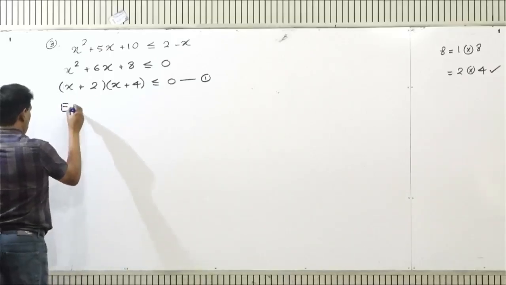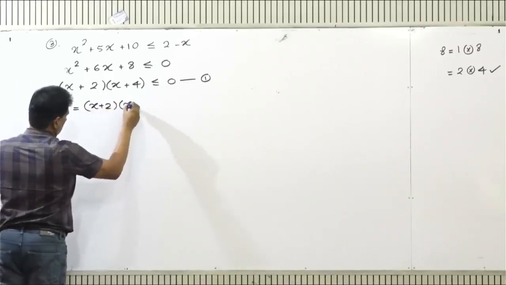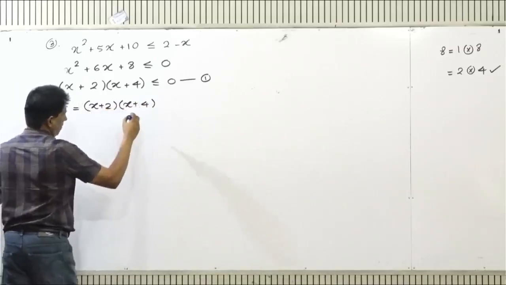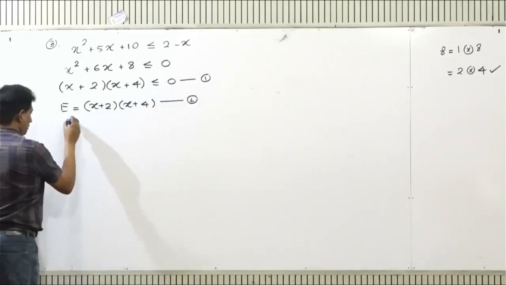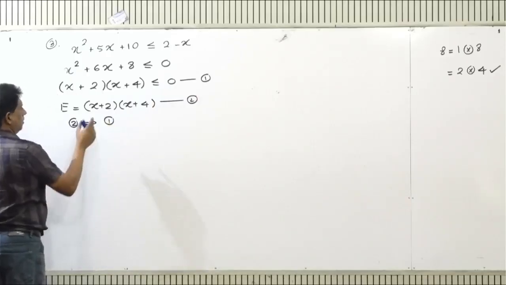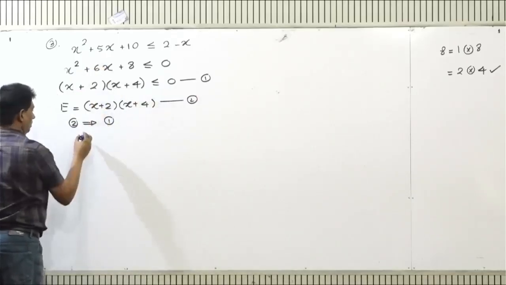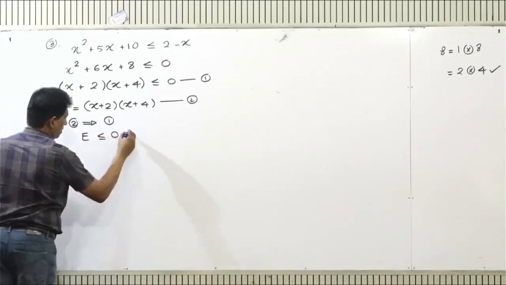Now we have to take the left hand side as E, (x plus 2) into (x plus 4). Now we substitute from 2 into inequality 1. So we substitute E here. Then E is less than or equal to 0.